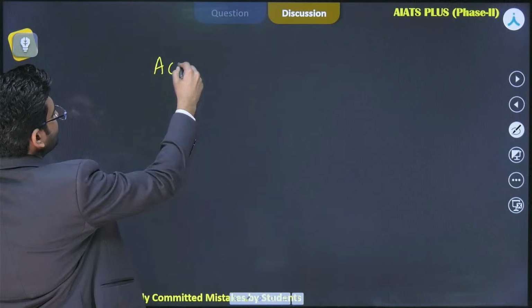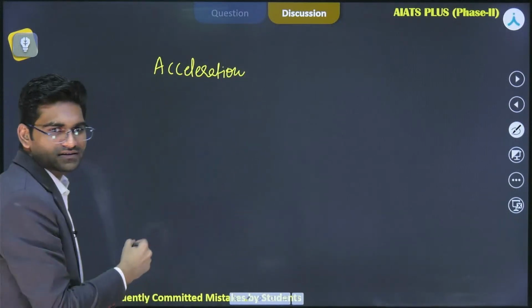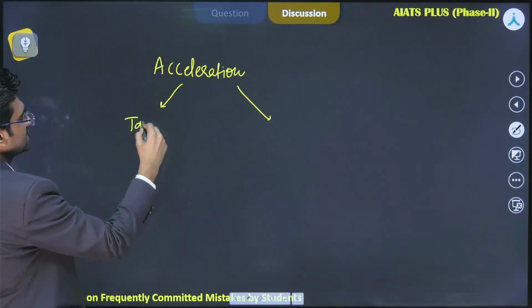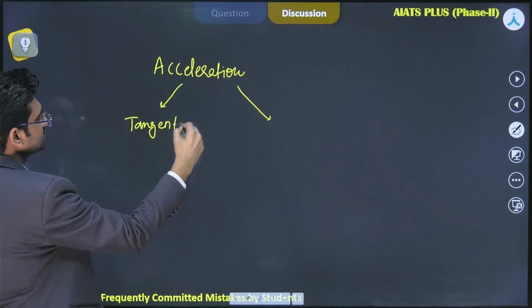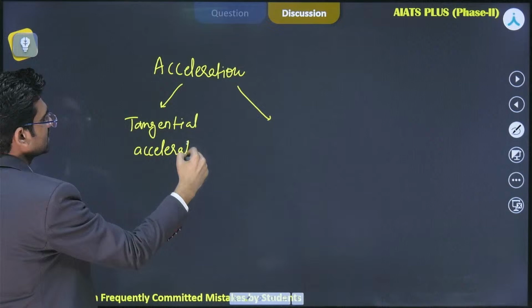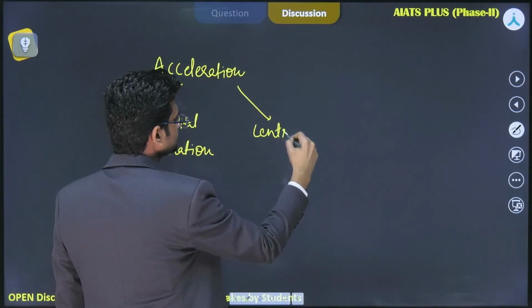So there are two types of acceleration. One is tangential acceleration. Another one is centripetal acceleration.